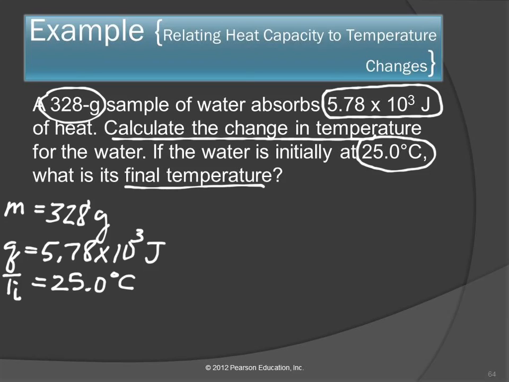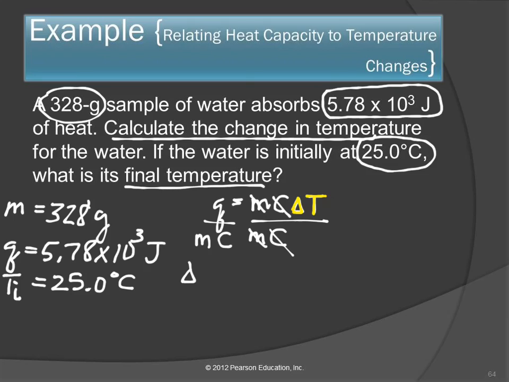So our equation, Q equals MC delta T. We want to solve this for delta T. So we're going to divide by M and divide by C, so they cancel out. Do that on both sides. Delta T equals Q over MC.